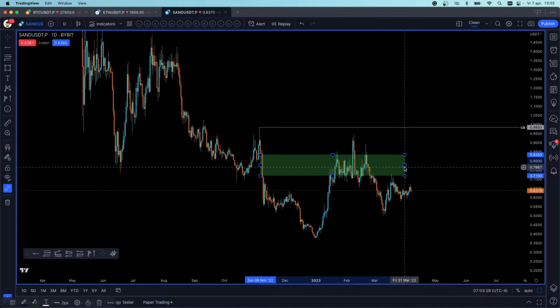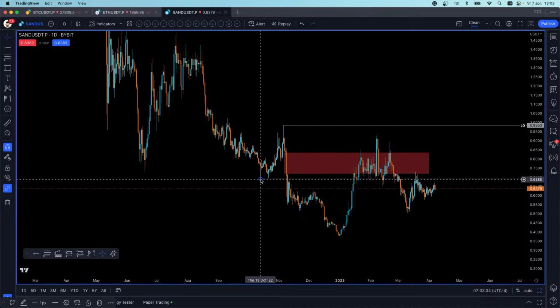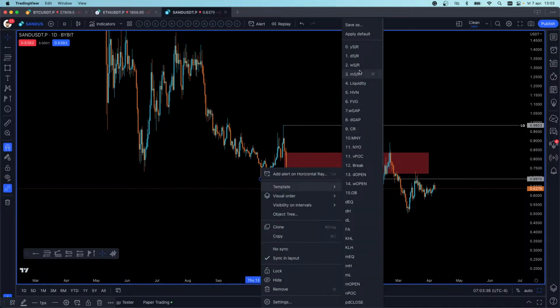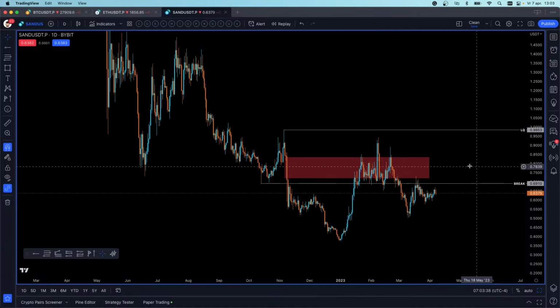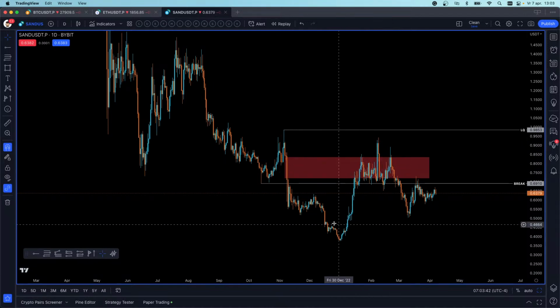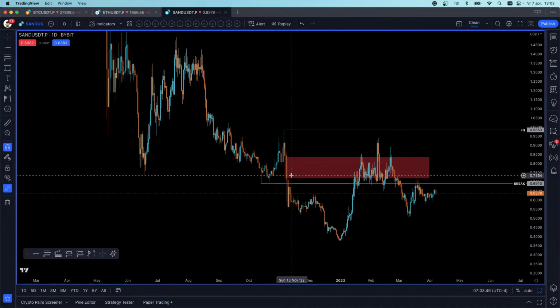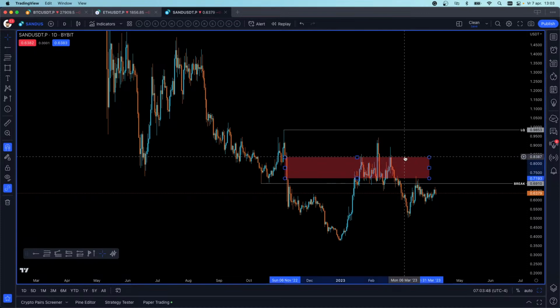And the way I see it, it acted as resistance. Okay, so this was your break. And up here, you could have traded it back towards that level. This has now been tested and acted as a resistance.